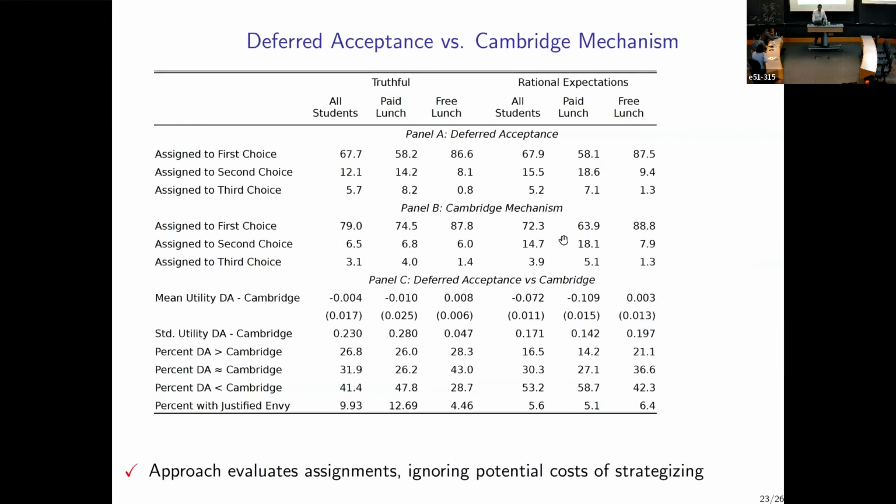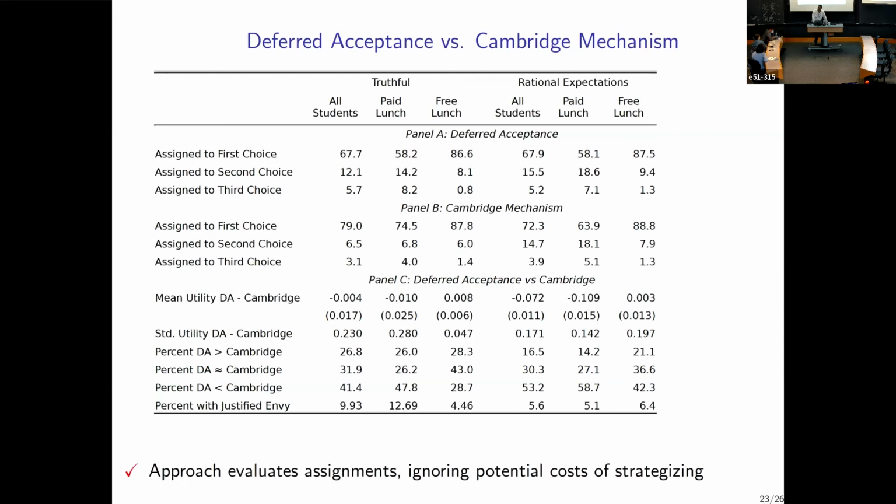Good. And in the Cambridge mechanism, you're going to see that more people are assigned to a second choice. Why? Because these are the people who ranked first the school they prefer second. The immediate acceptance mechanism is rewarding them for that and placing them in the school they prefer second.